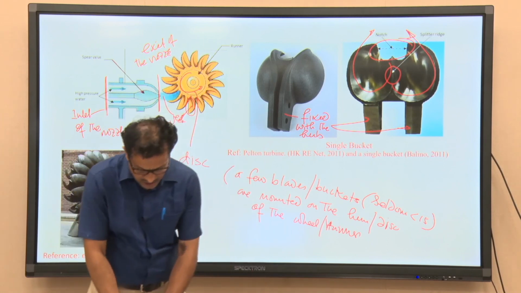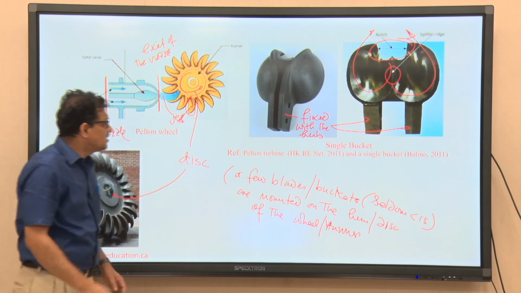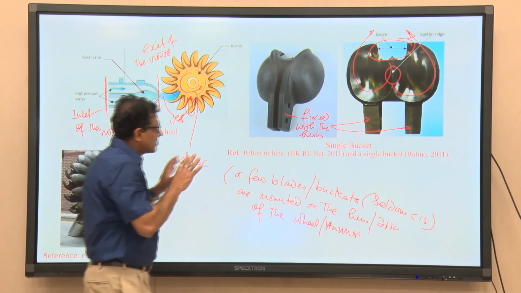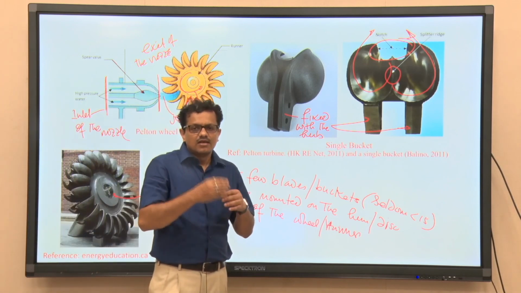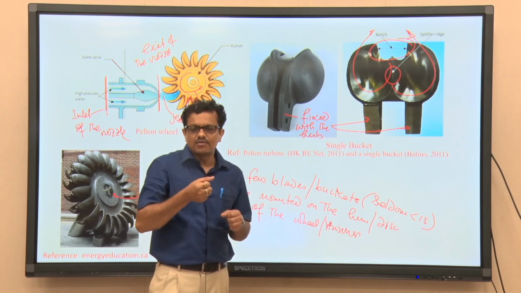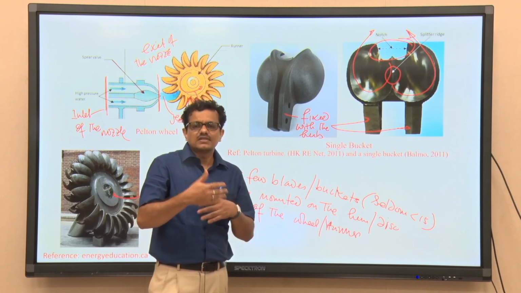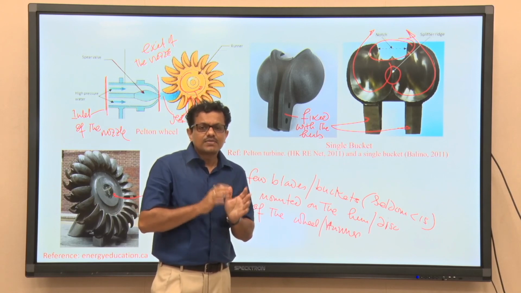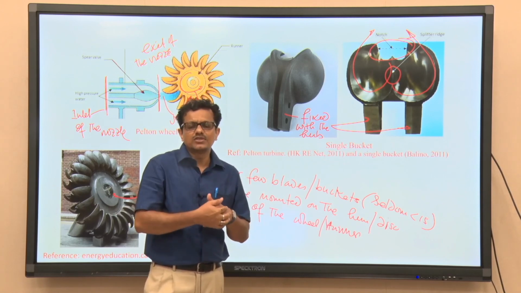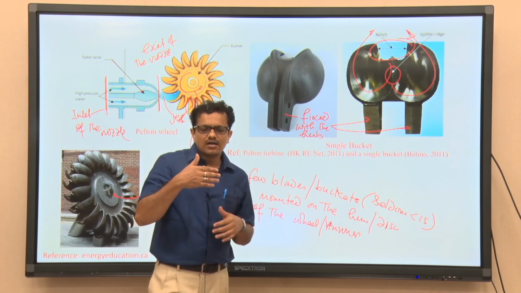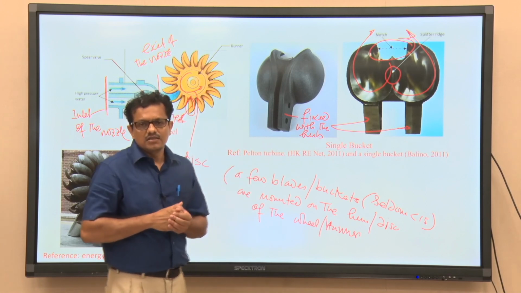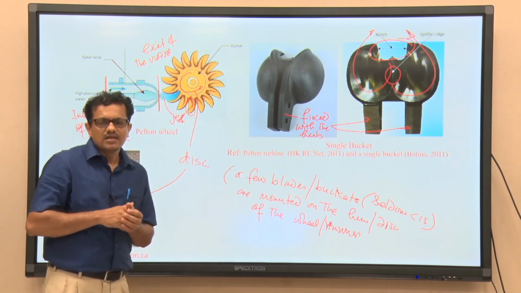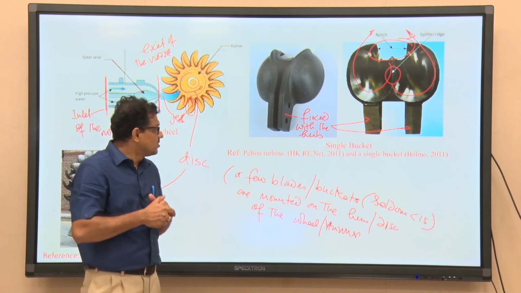So, if we try to summarize today's discussion, we have discussed the fundamental difference between pump and turbine, then we have discussed the turbine classification, and finally, we have discussed the Pelton wheel, which is the only available impulse hydraulic turbine and which is most commonly used.